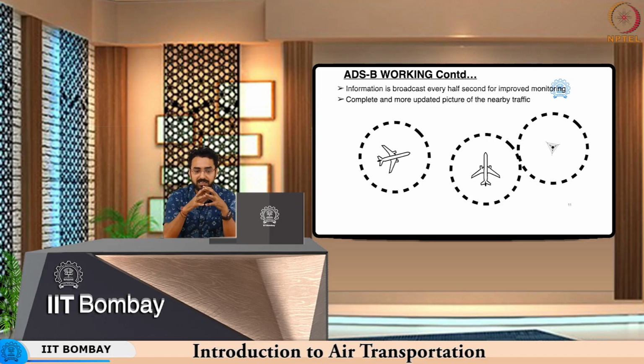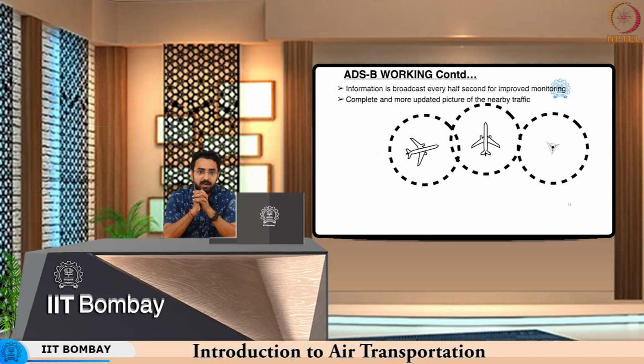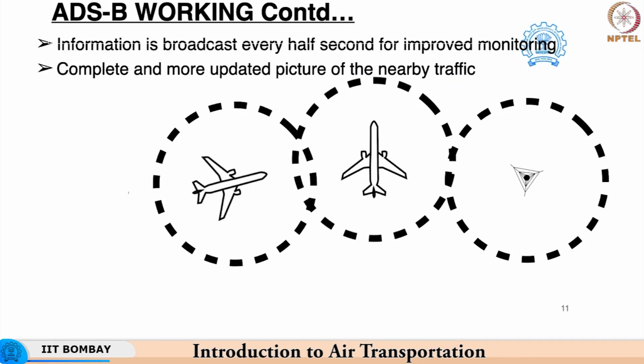Now, because these are simultaneously updated and are broadcasted continuously, a more complete and updated picture of the nearby airspace can be obtained by both the aircraft as well as the ATC control units.